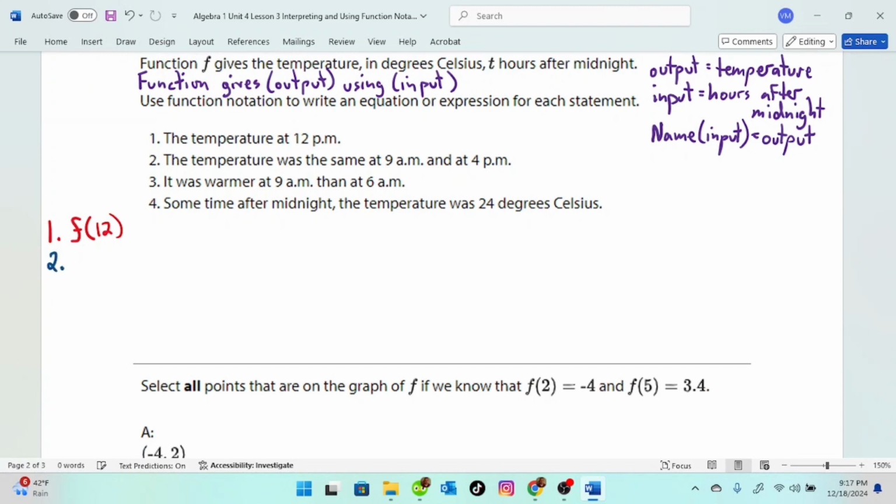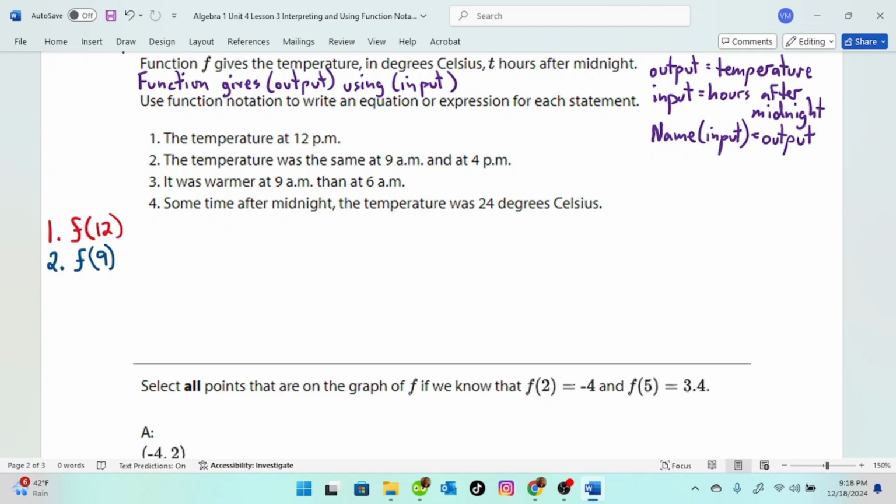Number 2. The temperature was the same at 9 a.m. and at 4 p.m. So again, we don't actually know a number for the temperature. So what we can do is say function, lowercase f, of 9 a.m. is 9 hours after midnight.